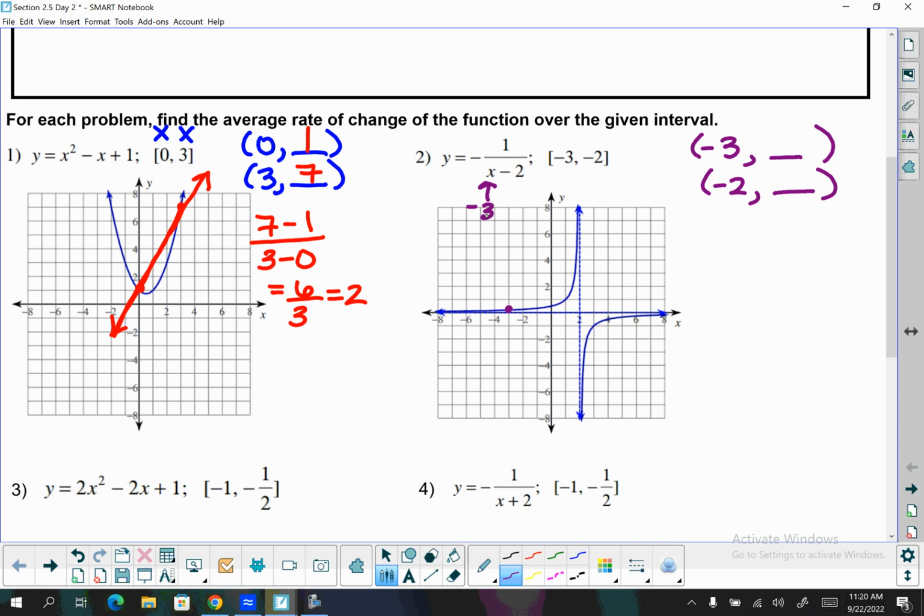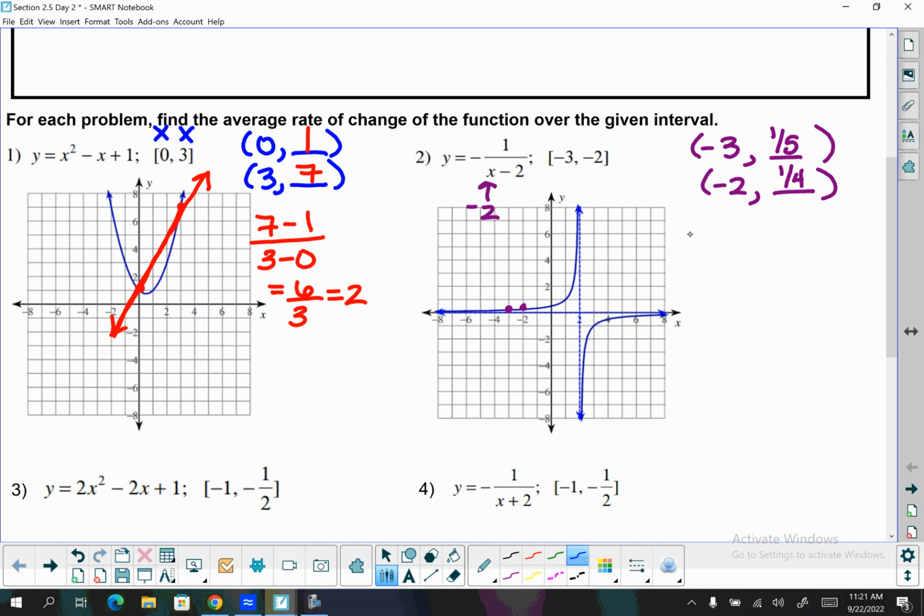I'm going to put that negative on top over -5. -1 over -5 is going to give me 0.2 or 1/5. Yep, either one's fine because they're both exact. Okay, and now if I plug -2 in there, I'll have a -1 over a -4, which would be 1/4. Good? Okay.